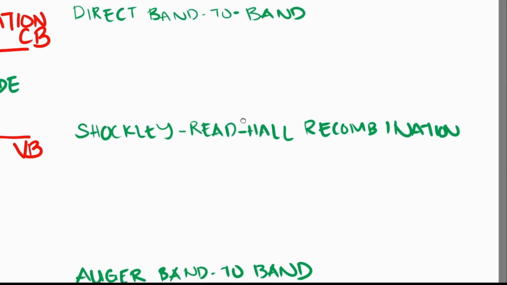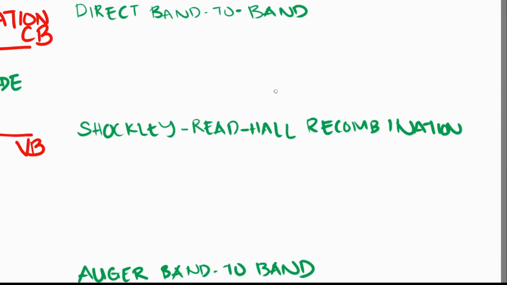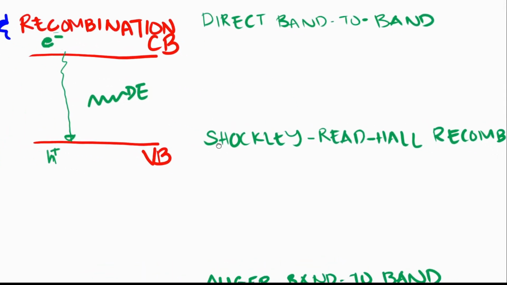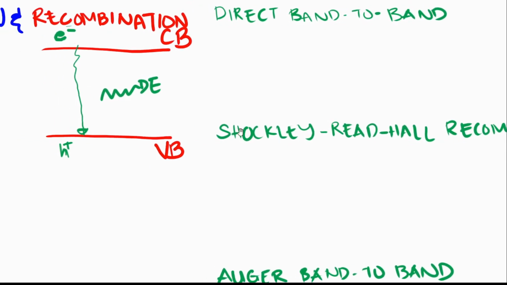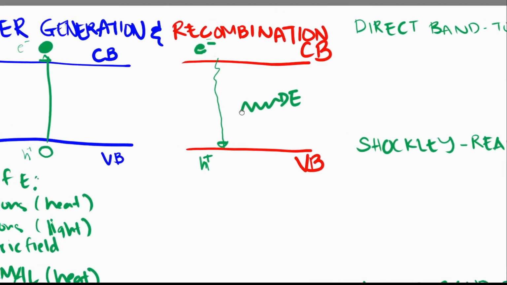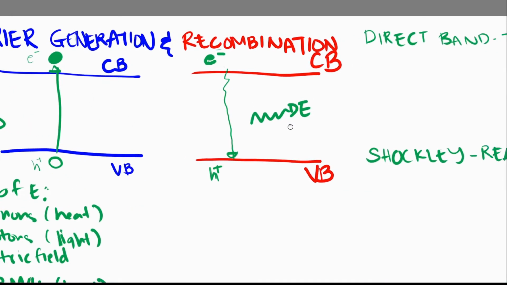Other than these four, we have many other carrier recombination mechanisms, but if we go through all of them, it will frankly take a long time, and some of them are not important to us at the moment. What's important is that in all of these recombination processes we release energy, and this results in the reduction of free charge carriers in our system. So we see it's the opposite of carrier generation.